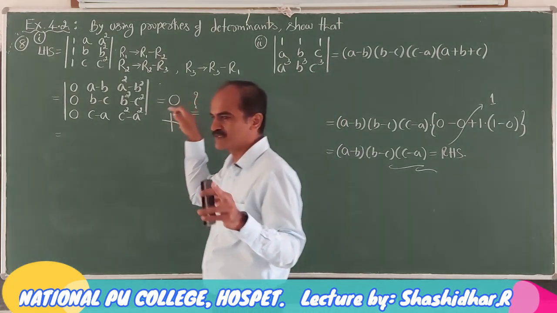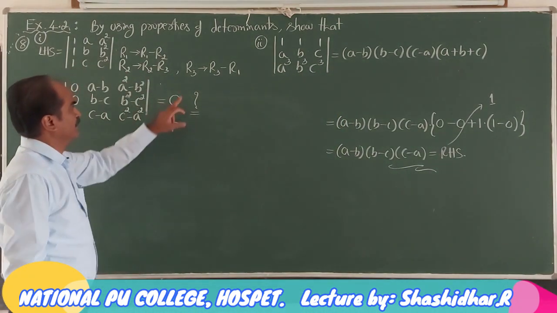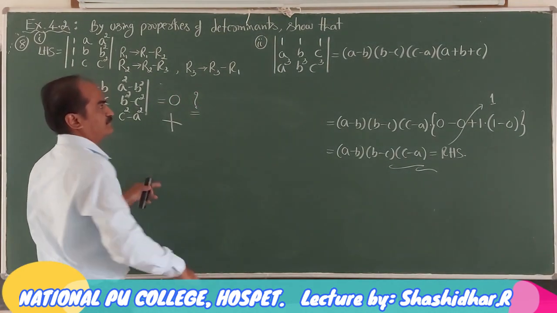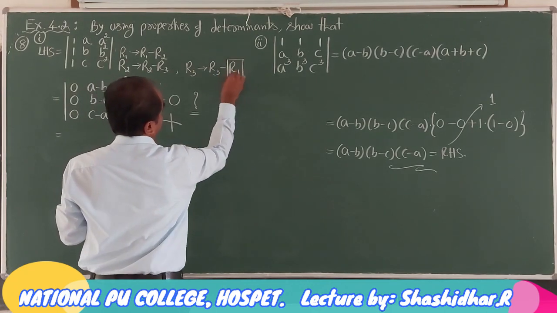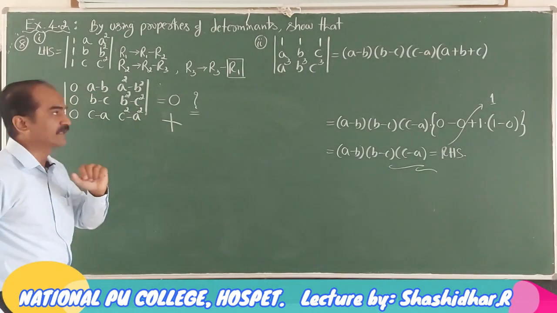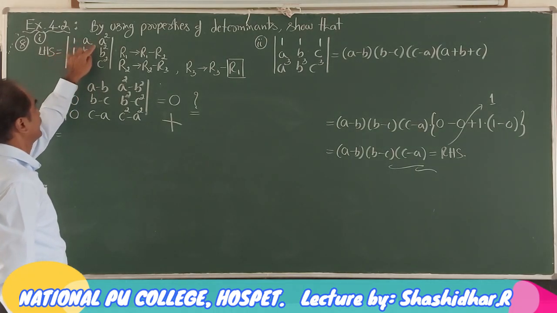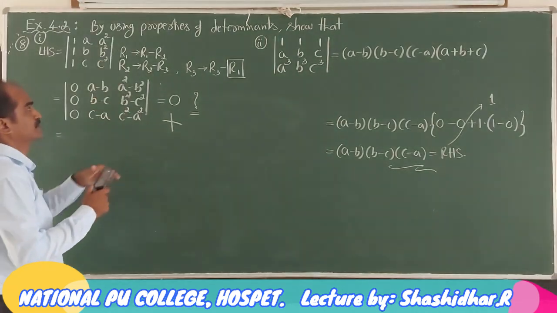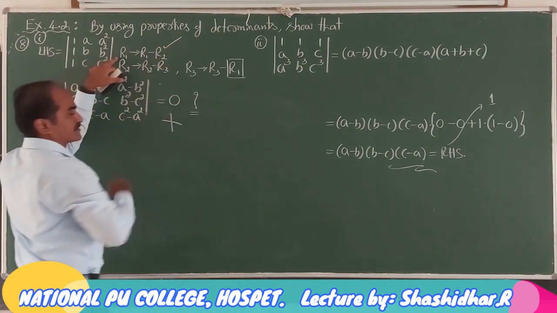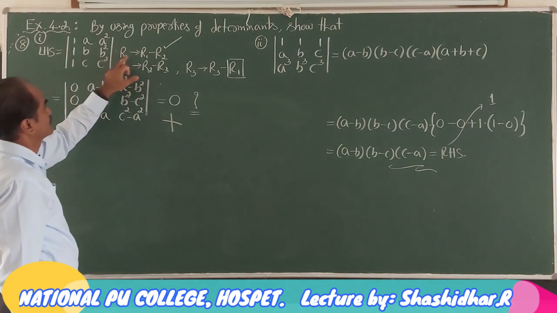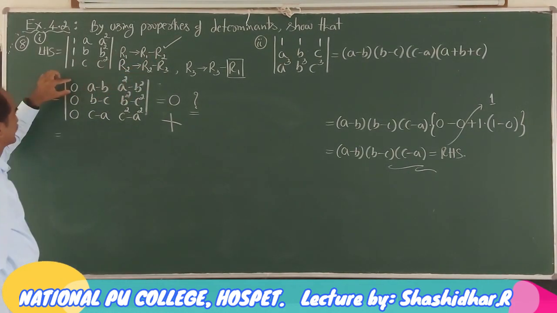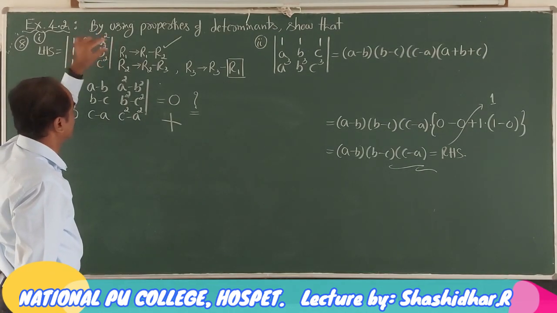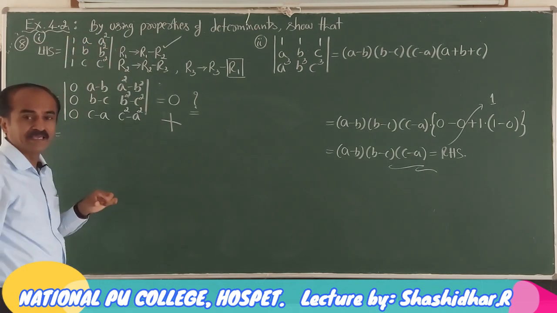But here the problem is that we changed the R3 elements as R3 minus R1. What are the R1 elements? What are the row 1 elements? Do you feel that they are 1, A, A square? No, they are no more 1, A, A square because we already changed the first row elements. How? R1 changes to R1 minus R2. So after applying this operation, the elements of the first row of the determinant are no more 1, A, A square.